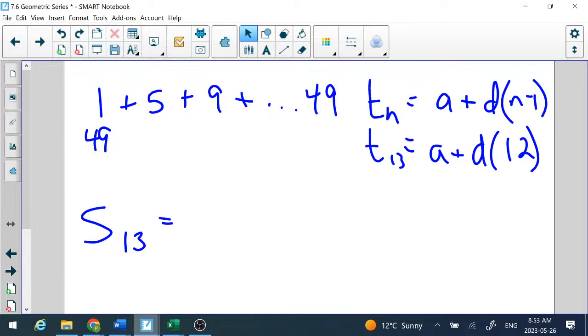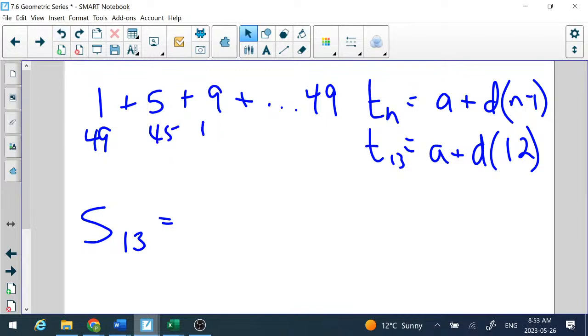Okay, so what she's essentially saying is if you take that same series and write it backwards, well, what's the term that comes before 49? 44? Before 44? 40? And what pairs up? Or sorry, no, 44 is not right. It's 45.